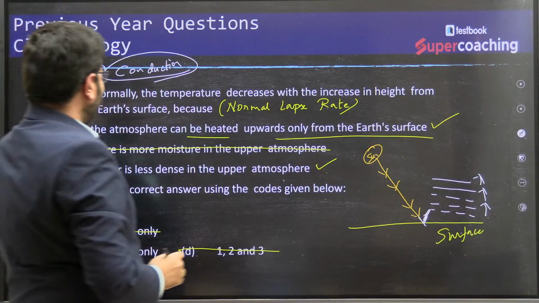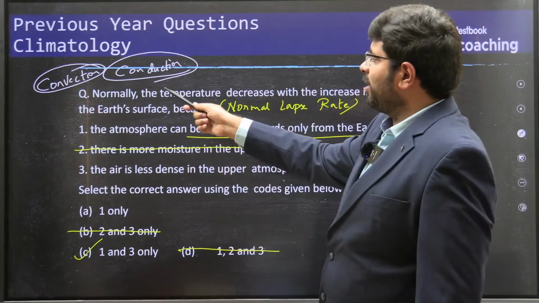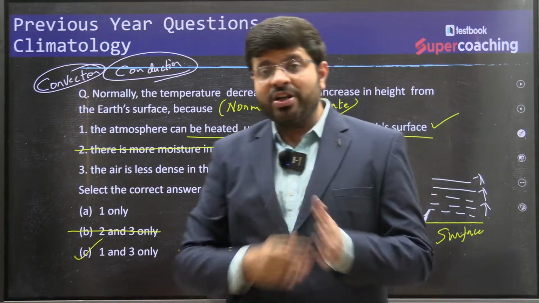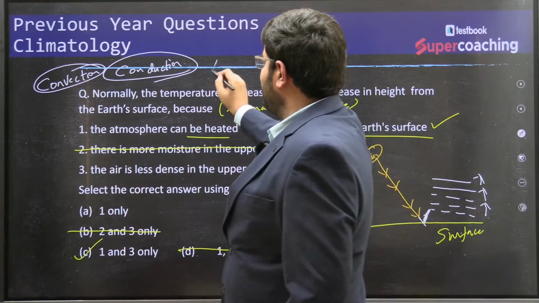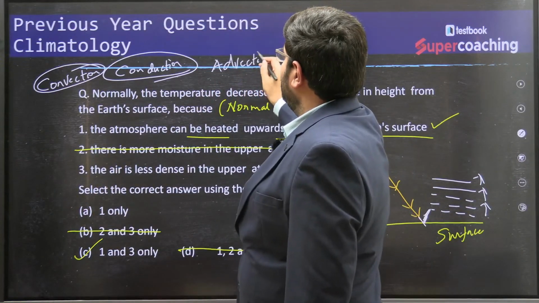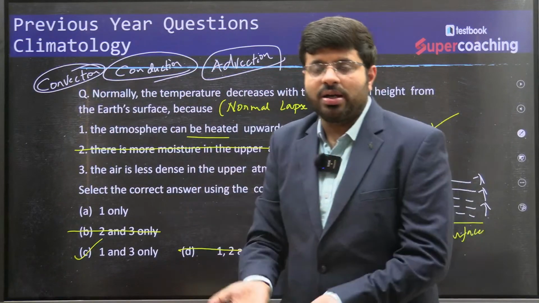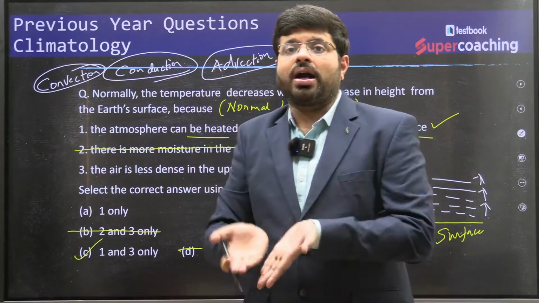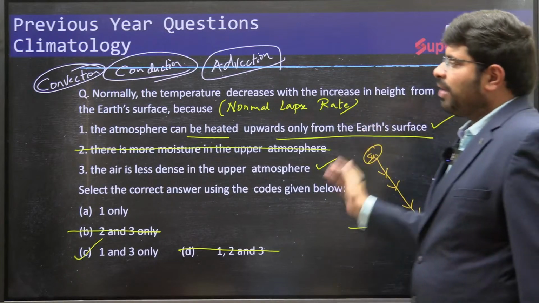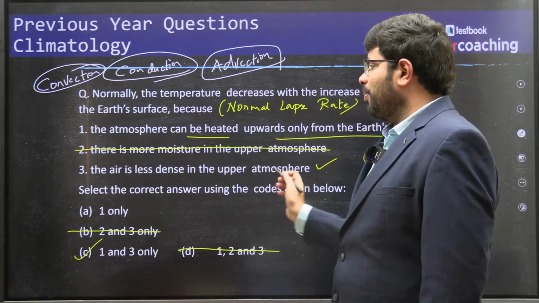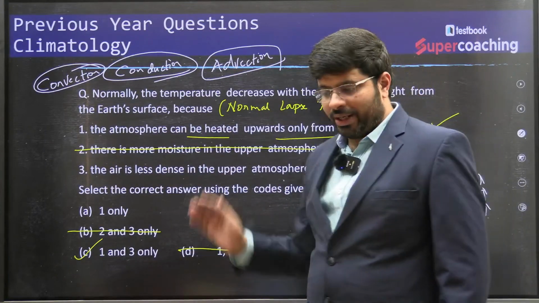So the atmosphere heats up because of convection and conduction, and there is wind movement which also transfers temperatures across the atmosphere, which we call advection. Convection, conduction, advection, but it is convection which is the reason for temperature decreasing by altitude. This is the concept. You also see that air being less dense in the upper atmosphere has an impact on the temperatures. So the answer would be 1 and 3.